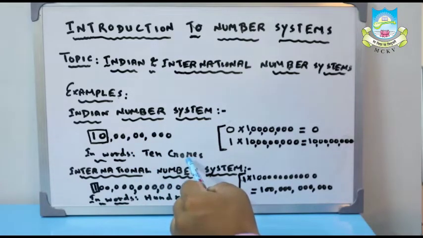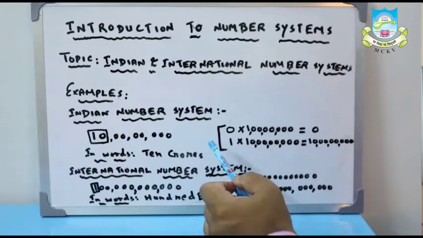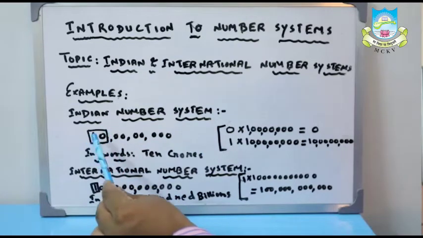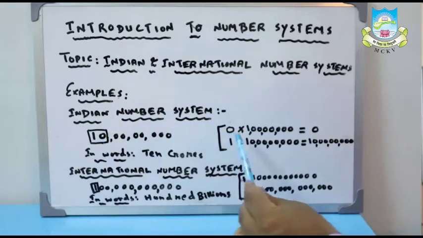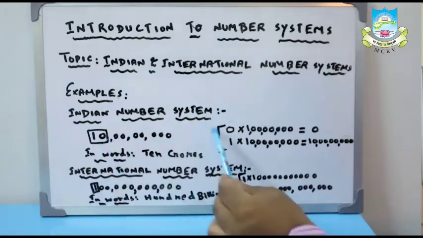Now see, I was already talking to you regarding the face value and the place value of a particular number or digit. I have made a box around 1 and 0 on the extreme left of this number. Looking at this digit 0, I have multiplied the digit 0 itself.